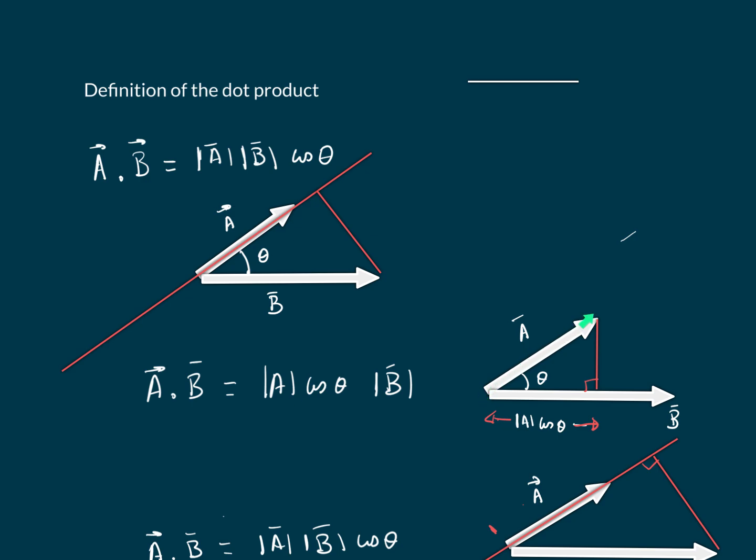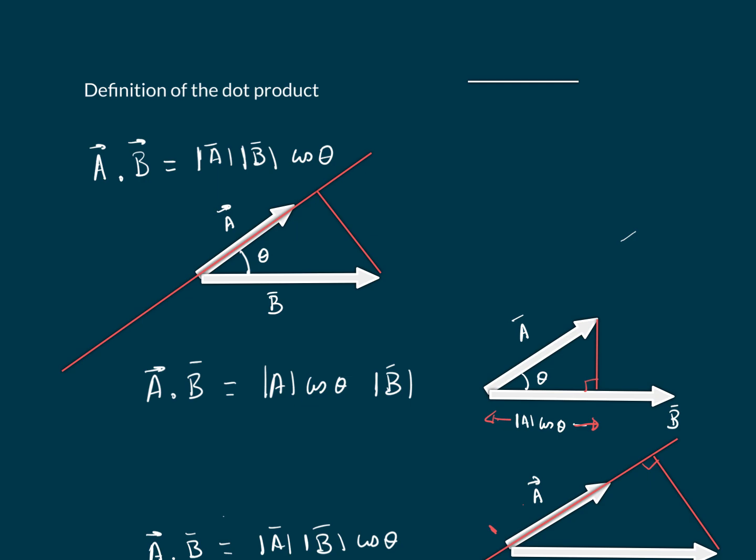This is the magnitude of A, the length of A. A cosine of theta is this part, a length that is smaller than the full length of A. And this length is magnitude of A cosine of theta. You multiply it by the magnitude of B.